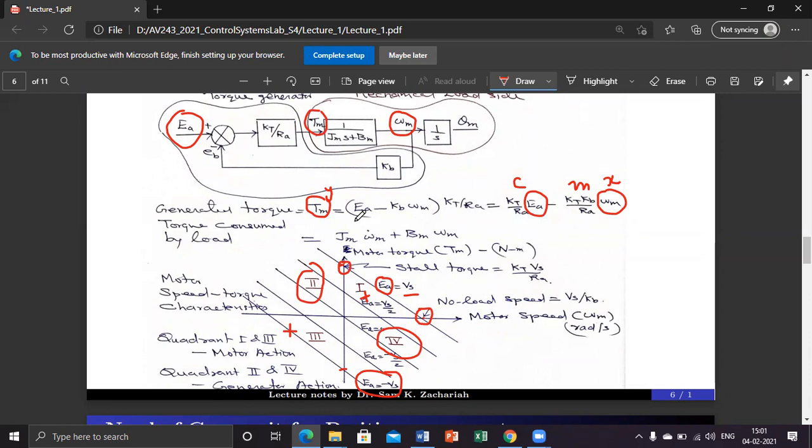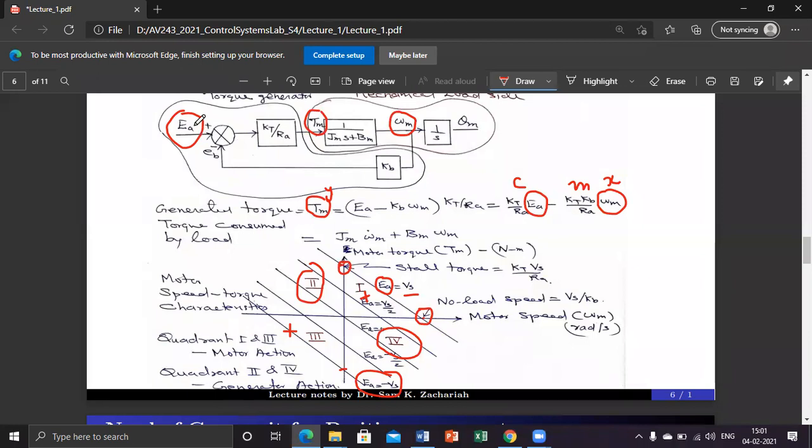Why? This is the torque equation, and you can see that as the speed increases, this is producing a reduction in torque. That can be understood like this. We are applying a voltage here across the armature. When it is having a finite speed, omega m, it will produce a back EMF, and the back EMF opposes the very cause producing it.